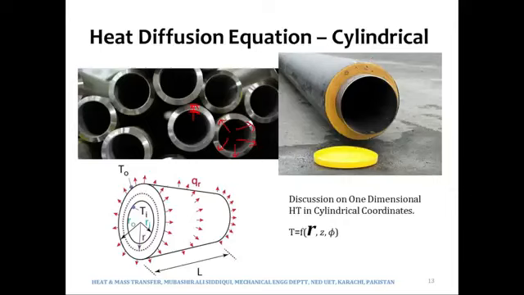So the outer surface of this insulation will not be as hot as the outer surface of the pipe. The temperature at the outer surface of the insulation would be approximately 35 or 40 or 45 degrees Celsius, whereas on the inner surface of the insulation, or outer surface of the pipe, the temperature was 300 degrees Celsius.